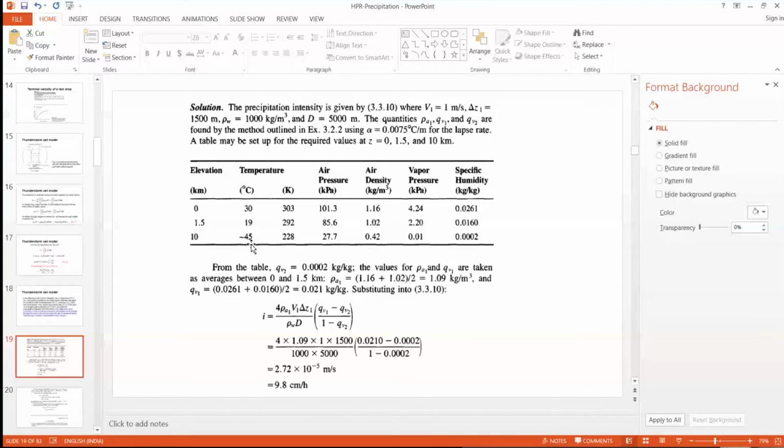They decrease as we go higher from Earth's surface, and once we reach the tropopause, then for a certain distance, some height, temperature and pressure are almost constant. So therefore, we have not taken another element here, so there is no need of averaging here. So from this equation, we get I is equal to 2.72 times 10 power minus 5 meter per second. That is equivalent to 9.8 centimeter per hour.